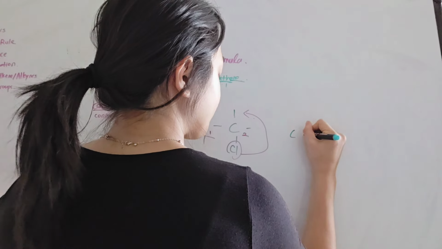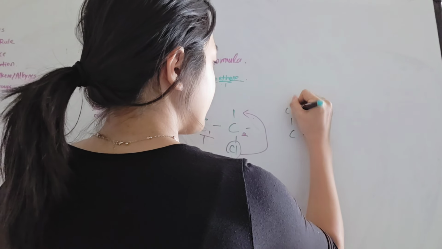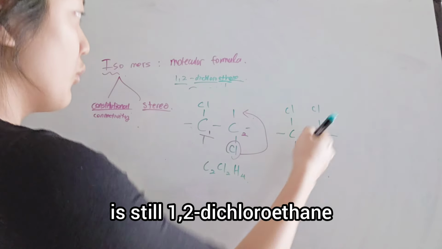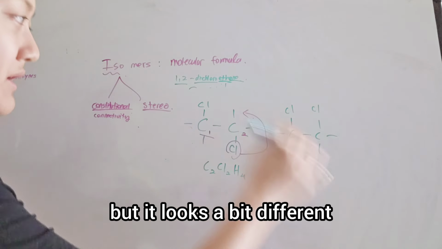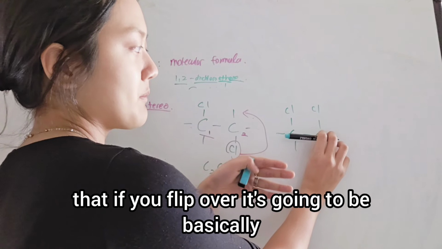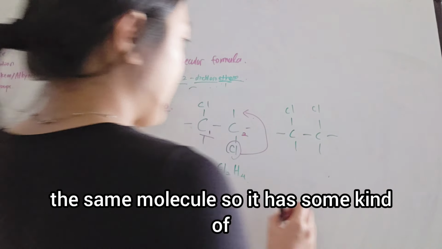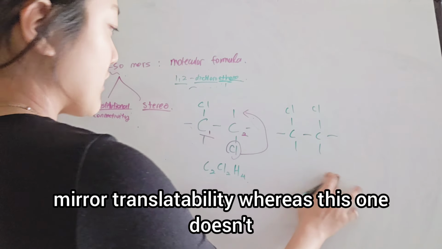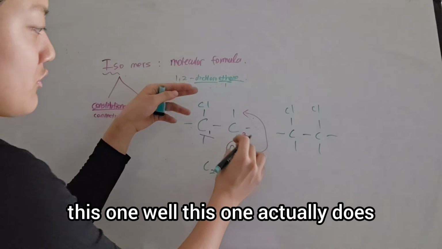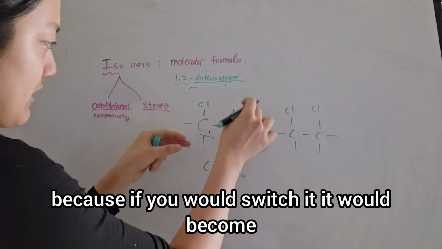This right here is still 1,2-dichloroethane, but it looks a bit different because this has an axis that if you flip over, it's going to be basically the same molecule. So it has some kind of mirror translatability, whereas this one doesn't. This one actually does, because if you would switch it, it would become the same molecule.